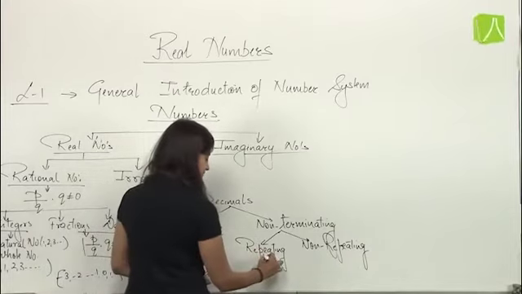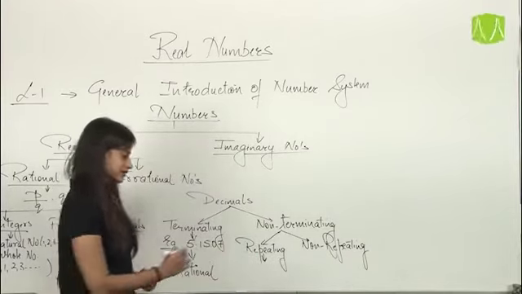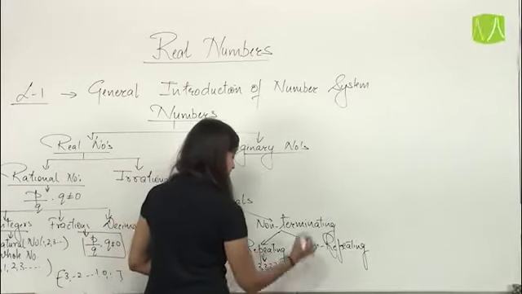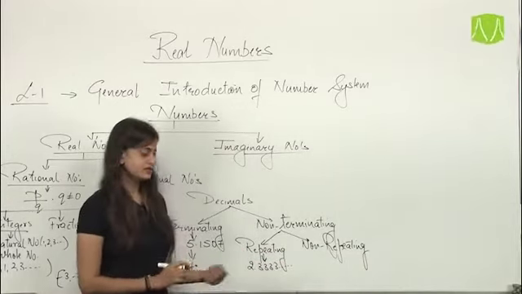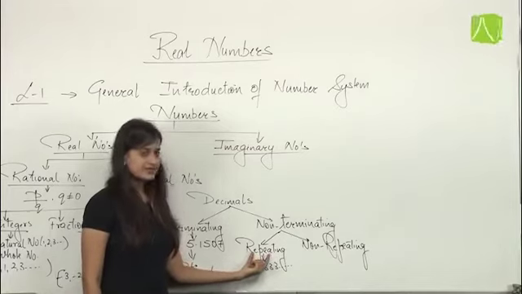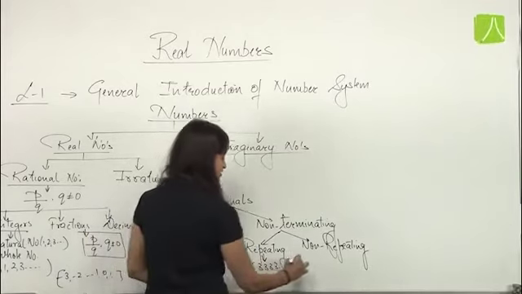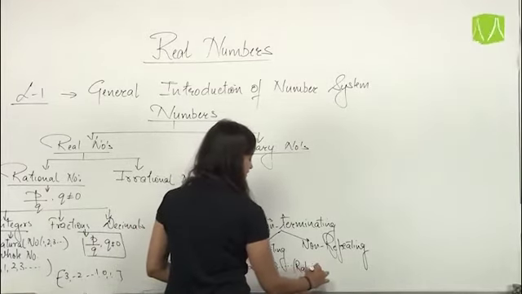An example of a repeating number is 2.3333. This is a non-terminating number. So, all decimals which are non-terminating and repeating are rational.